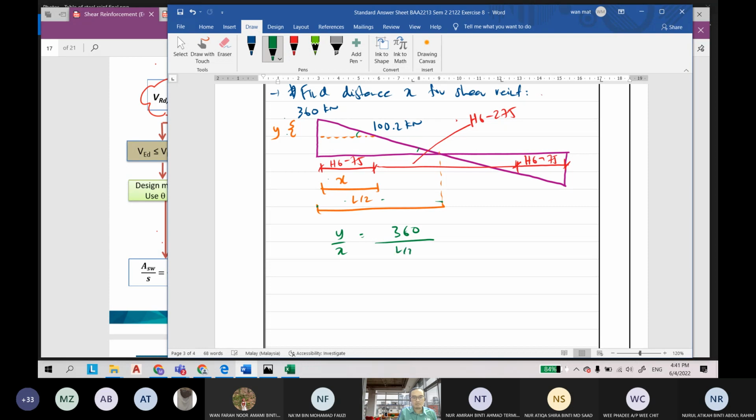Sorry, Y is equal to 360 minus 100.2, and divide by X, and that is equal to 360 over 6, which is our L. Can you find the value of X for me?